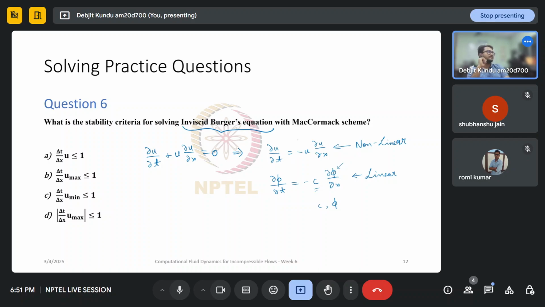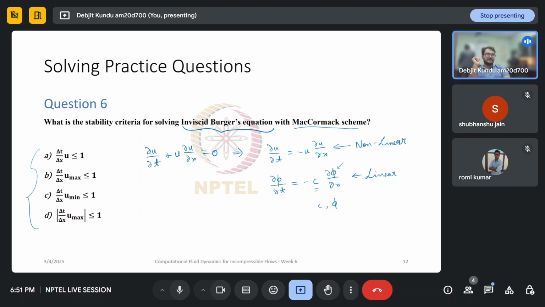So basically, the question says, what is the stability criteria for solving this with the McCormack scheme? So I have some options for you. Option A says that delta t by delta x into u should be less than or equal to 1.